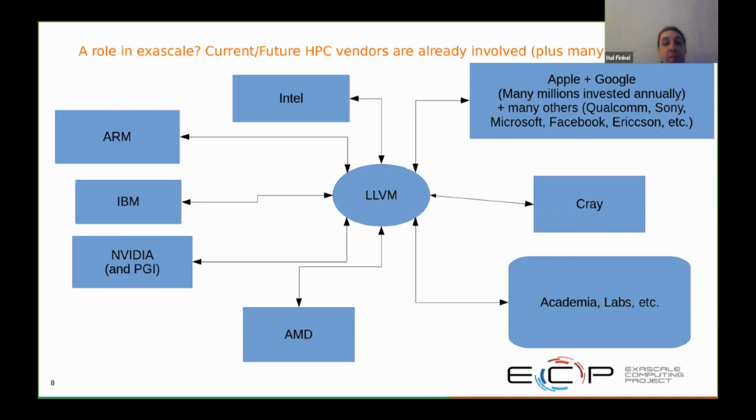And we tend to take advantage of the fact that there are other companies, Apple or Google or Microsoft or Facebook or Qualcomm or Sony or whomever, that are also contributing to LLVM. So the ecosystem gets to take advantage of the fact that it's part of this larger community, and that really enables us to have development in LLVM which is robust and extensible.